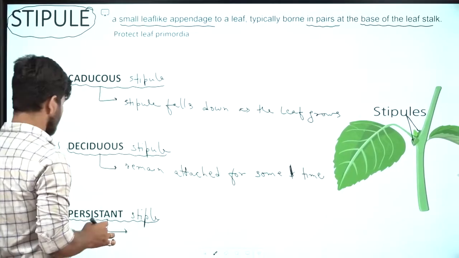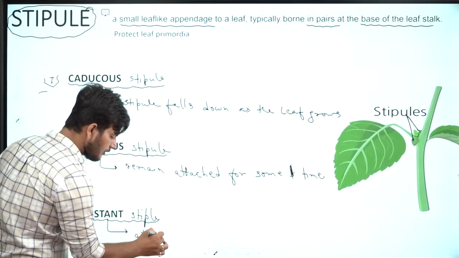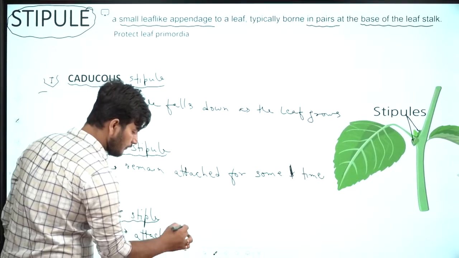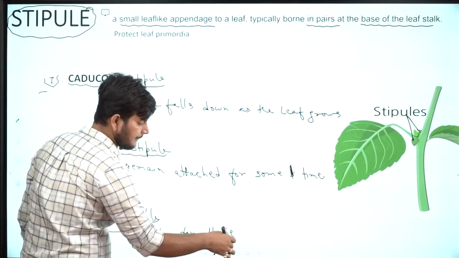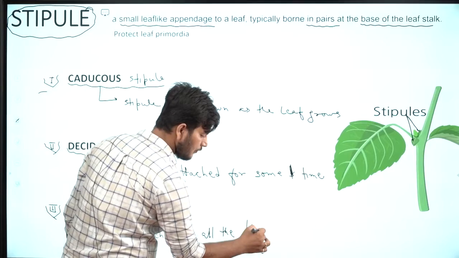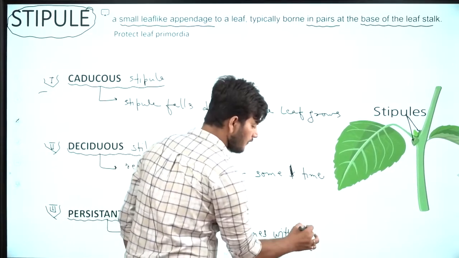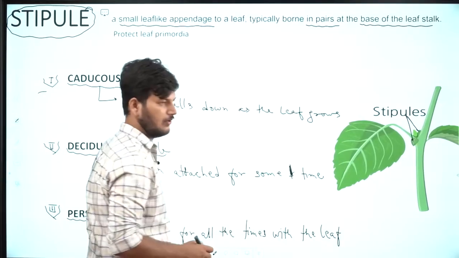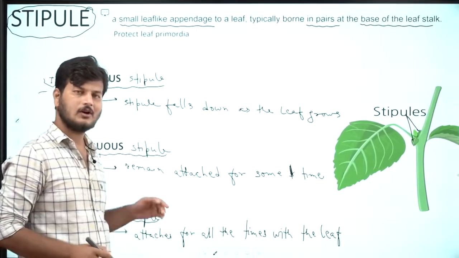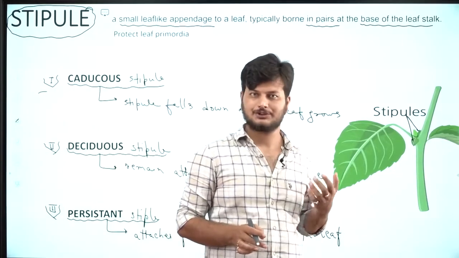We can say that the persistent type of stipule is attached for all the time with the leaf. It will fall down only when the leaf degenerates, not earlier than that.